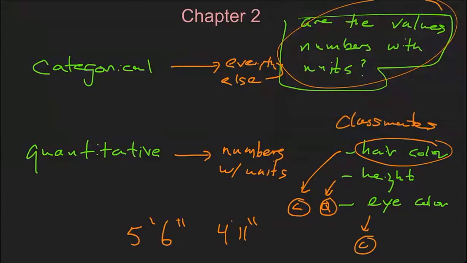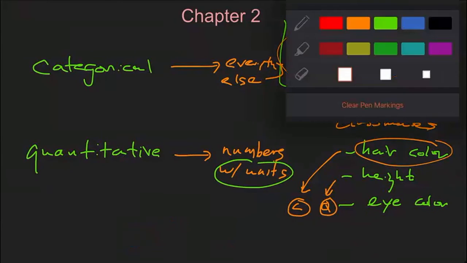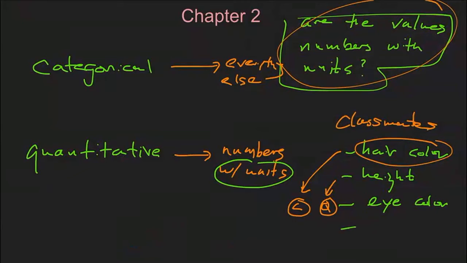This piece of the definition, with units, is important. Because let's say another variable we measured was how they rate math class on a scale from 1 to 10.